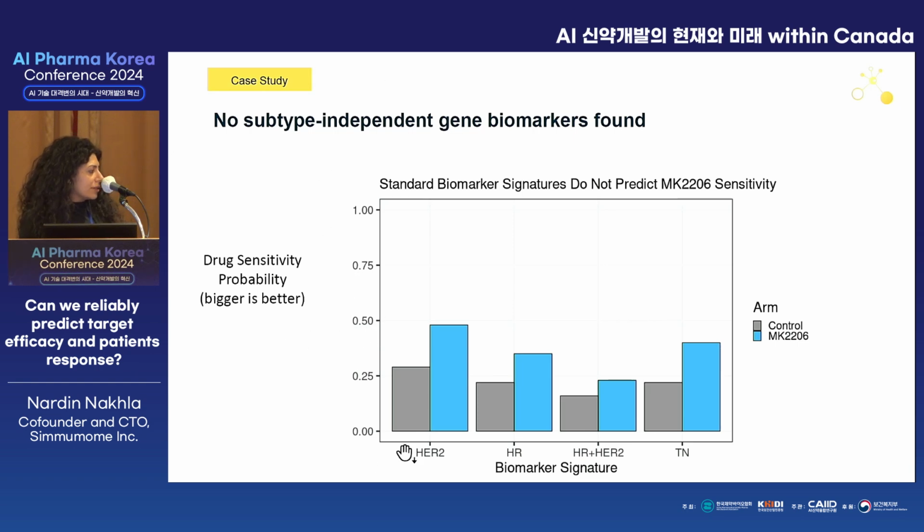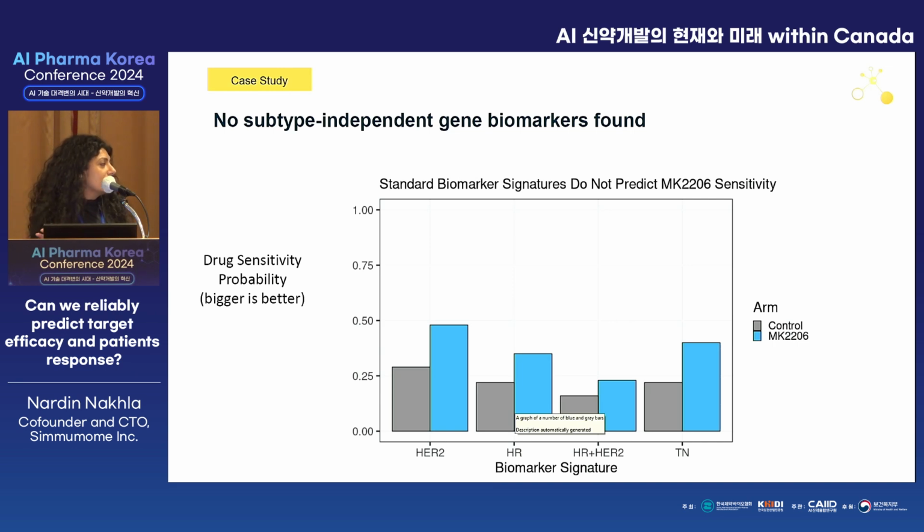But it was very hard to answer this question, because if we look at the different subtypes of breast cancer, triple negative, HER2 plus, different subtypes, you see almost the same variation between responders and non-responders. So there was no clear answer why those specific 35 patients responded to that drug.